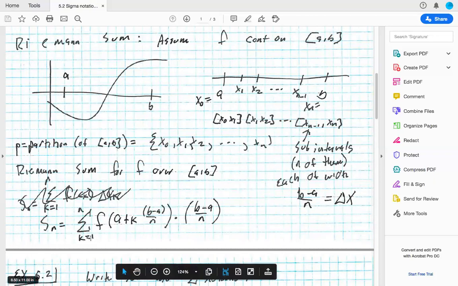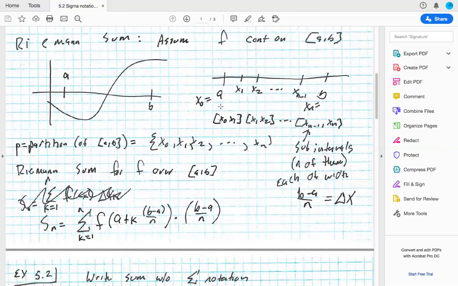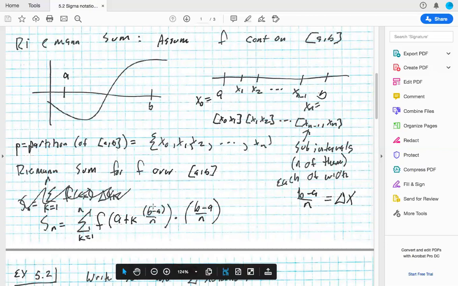If k equals 1, a plus a little delta x, we're starting at k equals 1. That would be putting us over here. So it's giving us a right endpoint. This is giving us a right endpoint approximation for the height. So f of this is going to be our height of the function right here, and it's using the right endpoint. b minus a over n is our width. That's our little delta x.